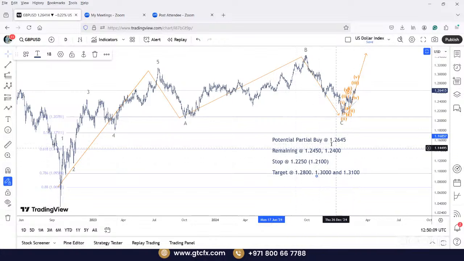So potential longs are active. We are already active, but fresh trades can be taken accordingly. Strict stop loss should go at least around 2250. Recommendation is 2100. And the upsides are as follows: 2800, 3000, 3100, and 3300 and higher.